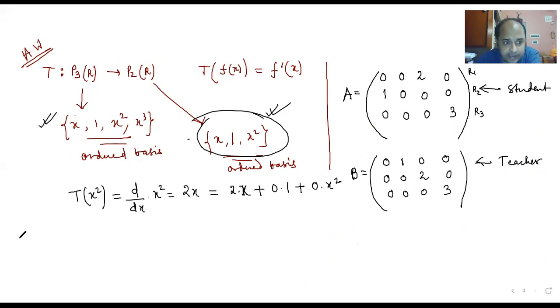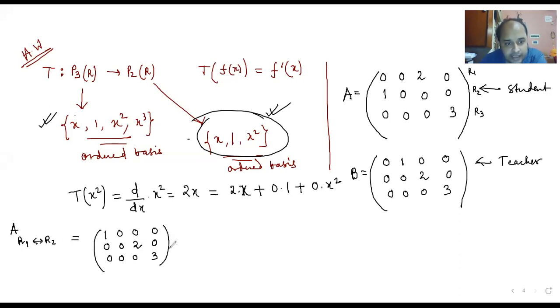If I interchange R1 and R2 in capital A, what do I get? Let us check it. I get 1 0 0 0, 0 0 2 0, 0 0 0 3.